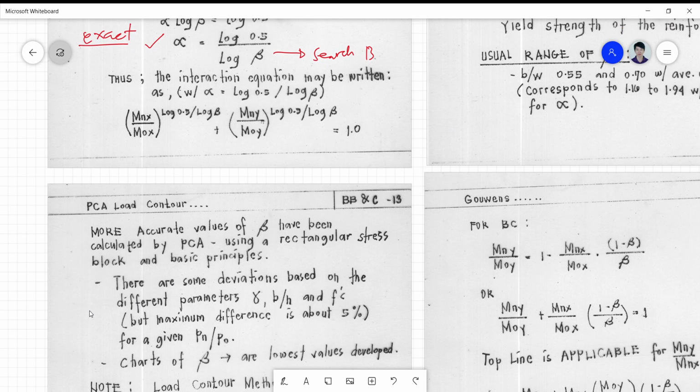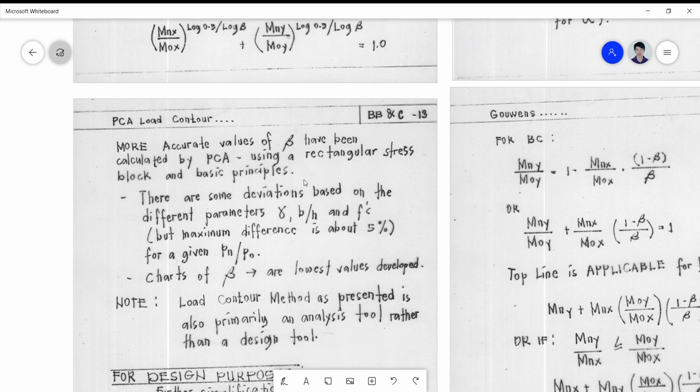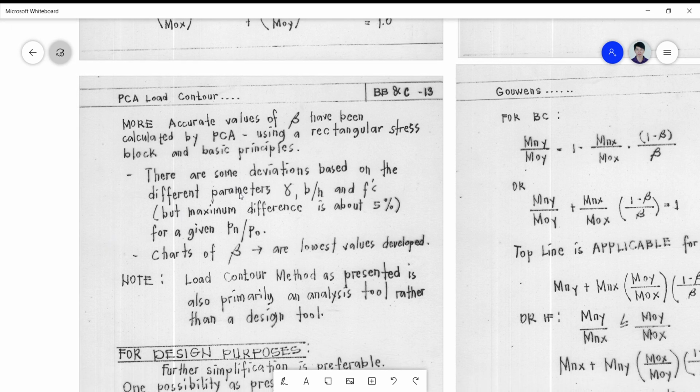Okay, more accurate values of beta have been calculated by PCA using a rectangular stress block and the basic principles, and there are some deviations based on different parameters. Gamma is the reinforcement location factor, defined by the effective cover.